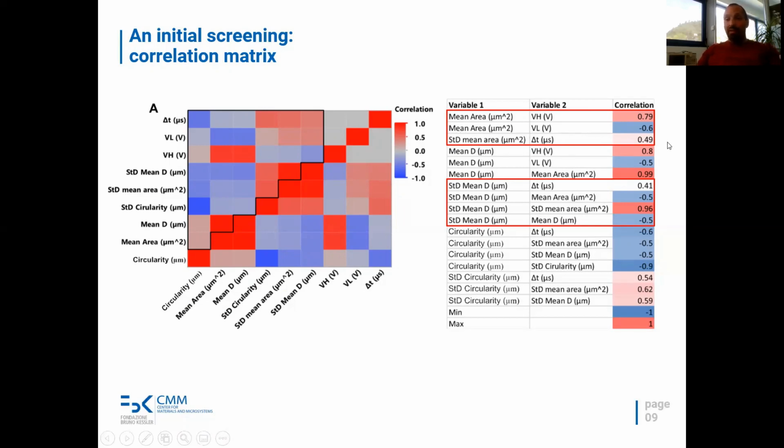This is quite interesting because basically we can separate the area from the standard deviation if we look just at the linear correlation. This doesn't happen if we consider the diameter, because the diameter is a derived measure that we actually calculate from the area.